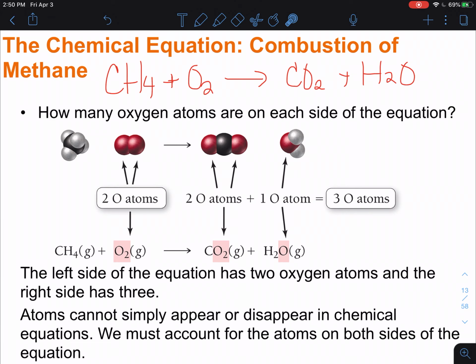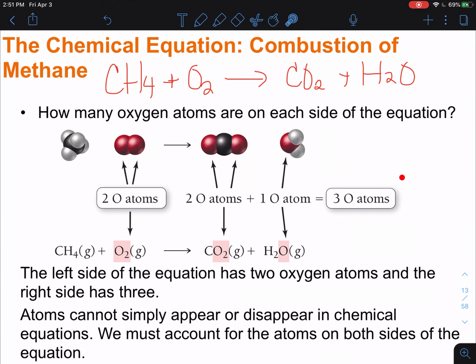So first you're going to ask yourselves how many oxygen atoms are on each side of the equation. Well, as you can see here, I wrote it up here, O2. Here are the 2 oxygen atoms right here. So there are 2 on the reactant side. But then if we go over to the product side, you have CO2 and you have H2O. CO2, that's the 2 oxygen atoms right here. And then H2O, that's 1 oxygen atom.